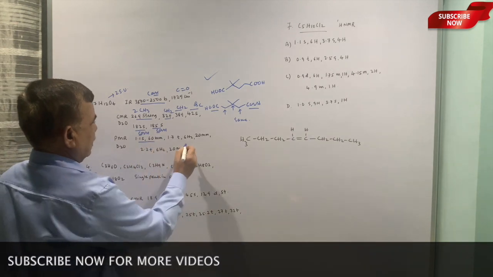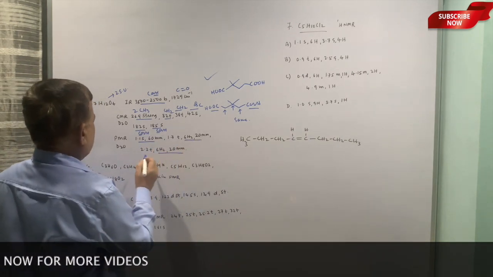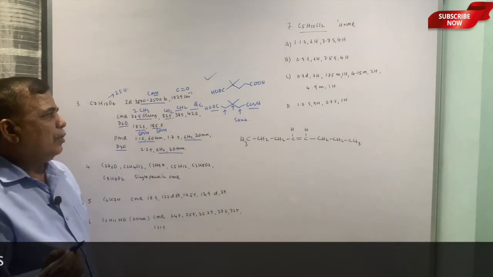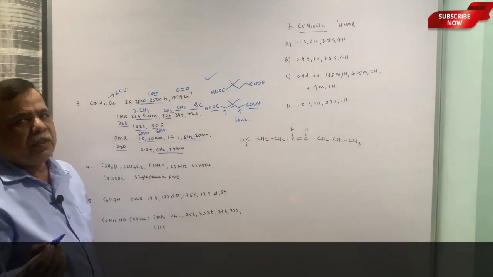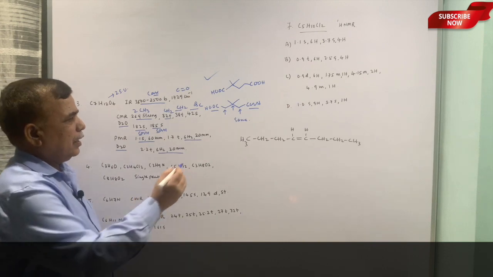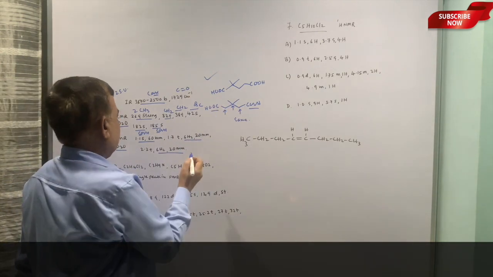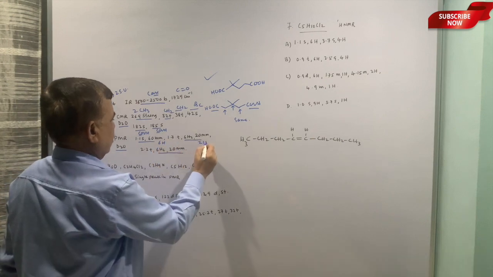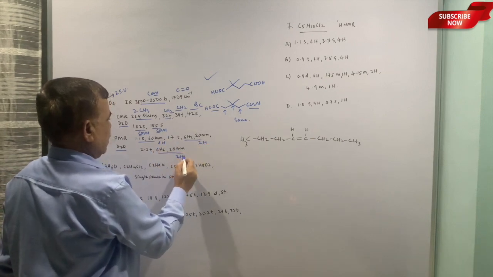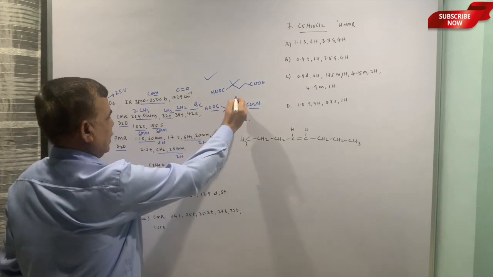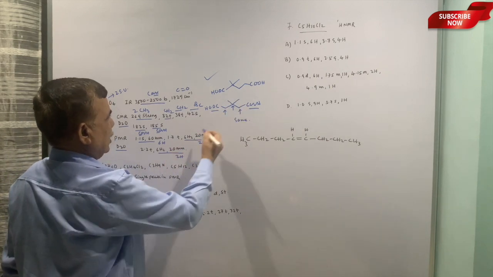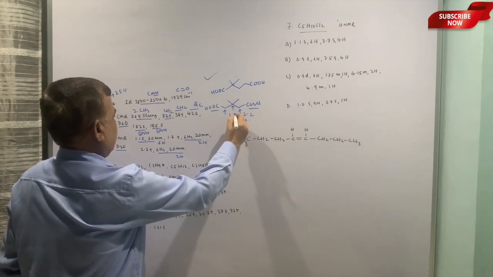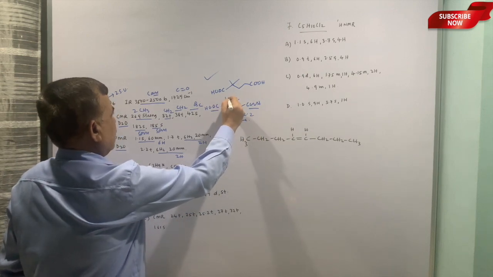One more hint is there, that is 1.1 singlet, and more importantly these are scanned in D2O. D2O means your COOH will be absent. In that case only 10 hydrogens are seen. So these are 6, these are 2, these are 2, LCM is 10. This is 2.2, this is 1.7 and these are 1.1.